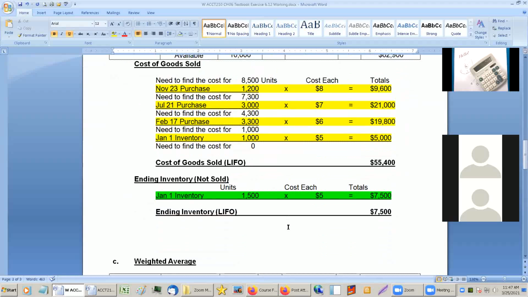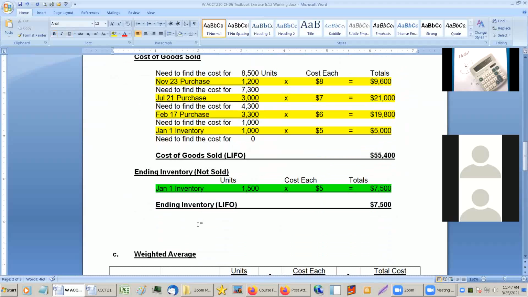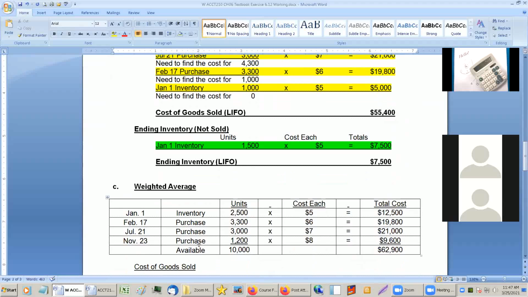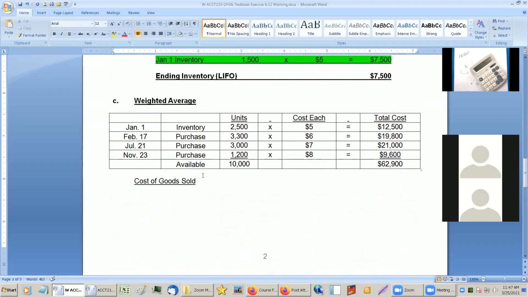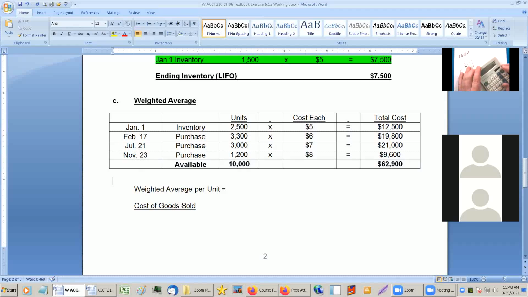Okay. Weighted average. Probably going to be much quicker than the other methods. See if you can figure out the average cost per unit.